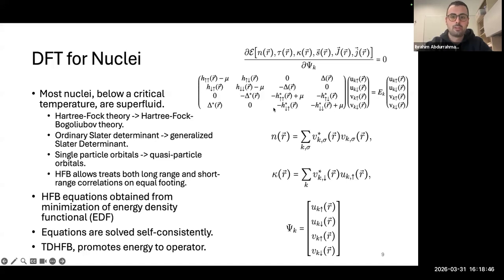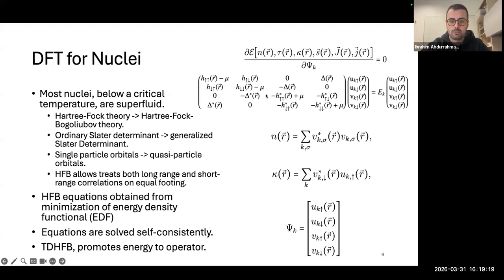It looks like a Schrodinger equation almost. I mean, you have a Hamiltonian and then a four-component wave function, so spin, and then to account for pairing, and then some energy, some quasi-particle energy. The self-consistency comes from the fact that you have this Hamiltonian, you diagonalize it to get a new set of quasi-particle wave functions, use those to build a set of densities, and then you insert those densities back to define a new Hamiltonian.